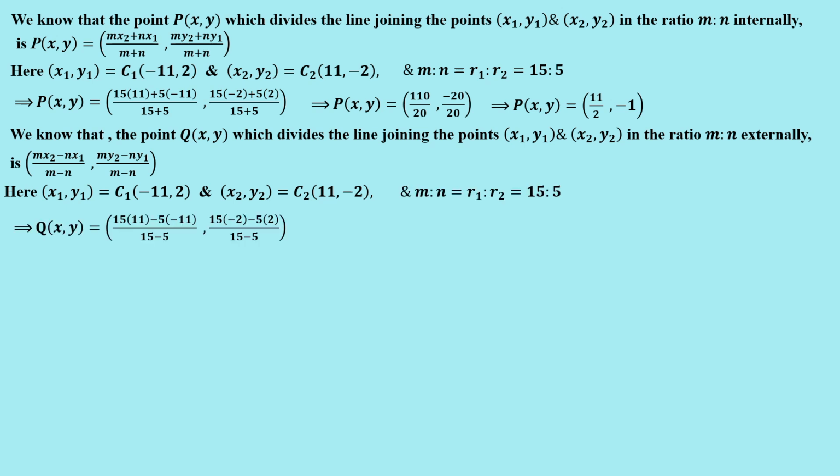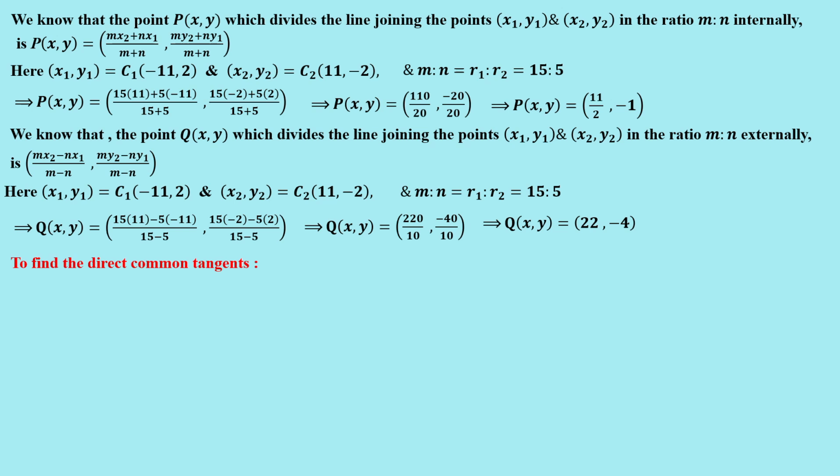So Q(x, y), the coordinate of Q, is equal to (15 into 11 minus 5 into minus 11) by (15 minus 5), comma (15 into minus 2 minus 5 into 2) by (15 minus 5). So Q(x, y) is equal to 22 comma minus 4, right. To find the direct common tangents, this is the center, and Q is 22, minus 4.